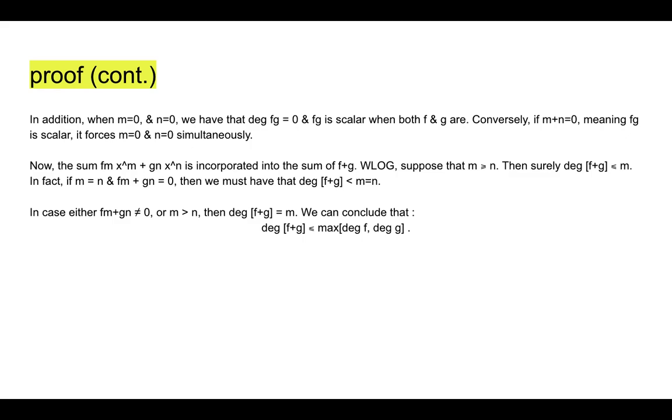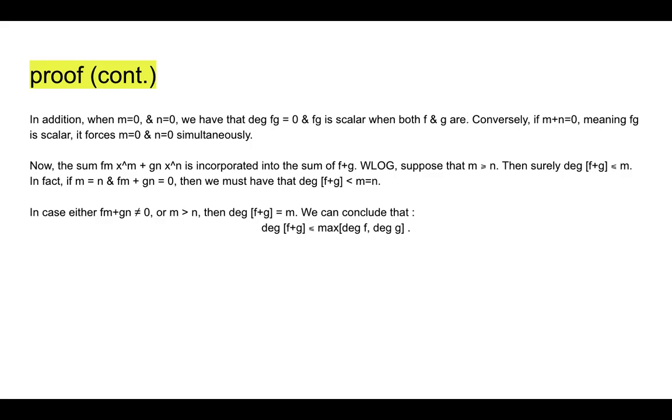So with this first bound out of the way, there could very well be a case where the degree of f plus g is much less than m, or not equal to m. For this, we would need that the leading terms of f and g, that is fm x to the power m plus gn x to the power n, cancel out, meaning that it vanishes. This is only possible if m equals n and the coefficients fm and gn sum to 0. In that case, the degree of f plus g is strictly less than m equal to n.